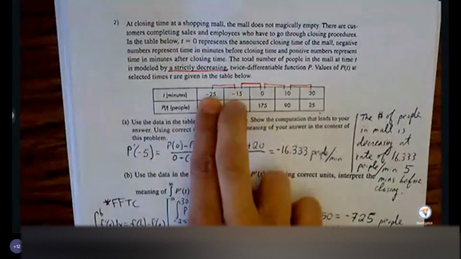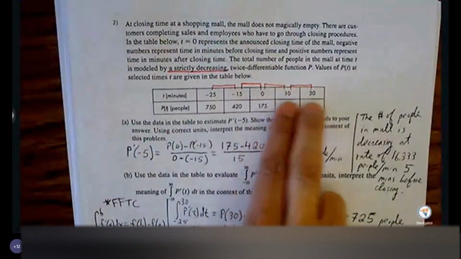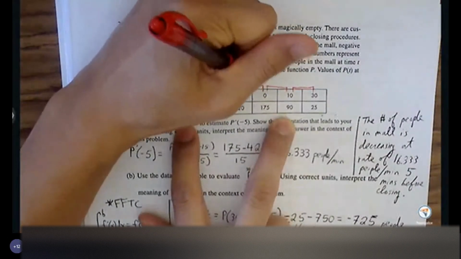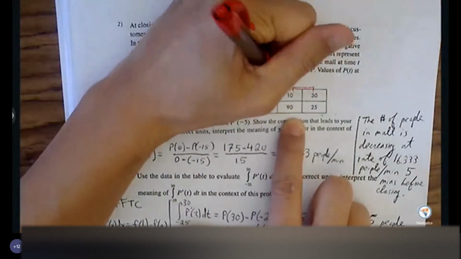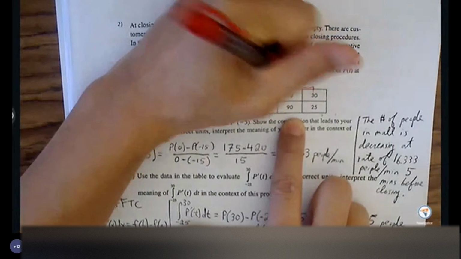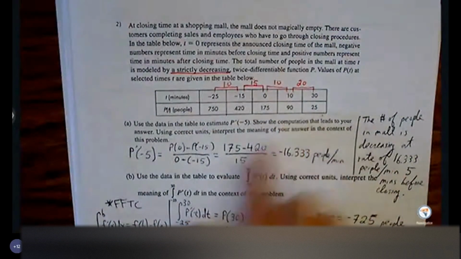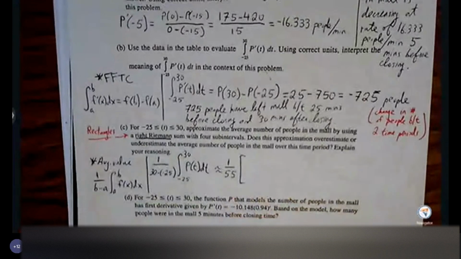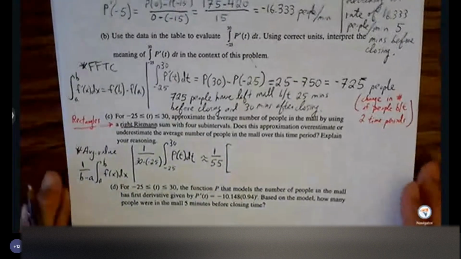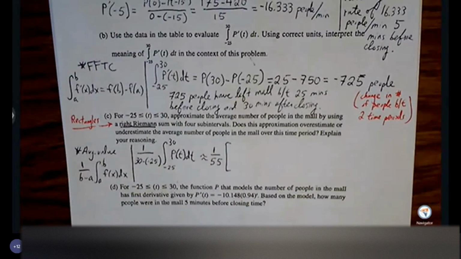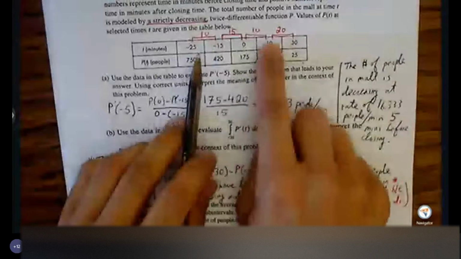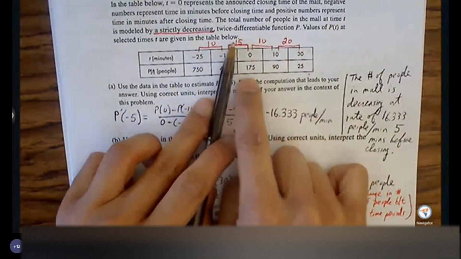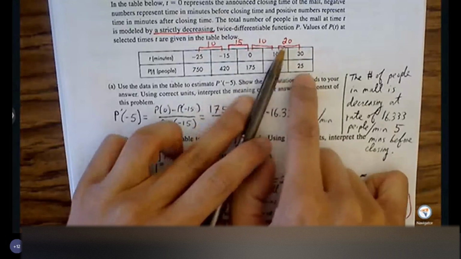Find all the differences between each of the minutes so I can find the width. And then for each subinterval, we're going to pick the right endpoint. So then width times height, go down the line here.